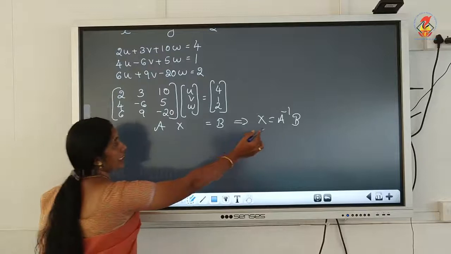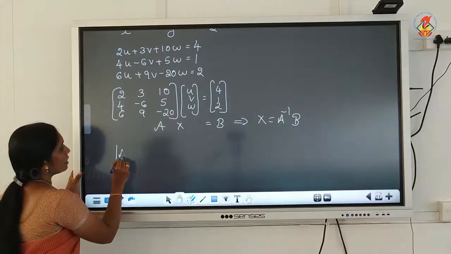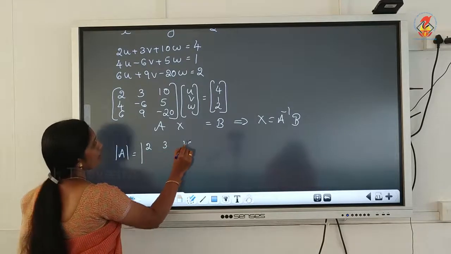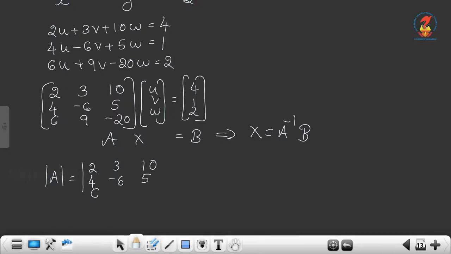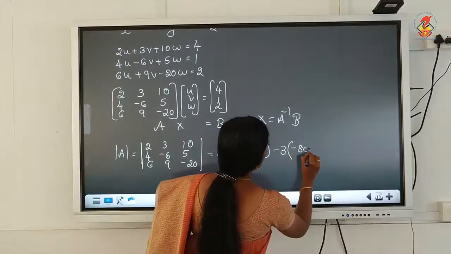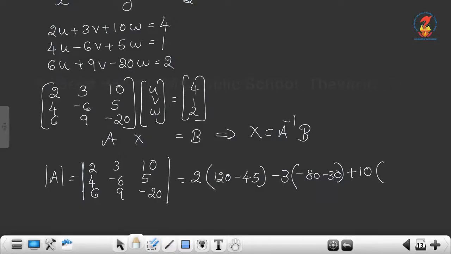Then first we have to find A inverse. For that we have to find determinant A, that is determinant of [2, 3, 10; 4, -6, 5; 6, 9, -20]. That is equal to, expansion along R1, 2 into (-6 into -20, that is 120, minus 45), minus 3 into (-80 minus 30), then last element 10 into (36 plus 36).